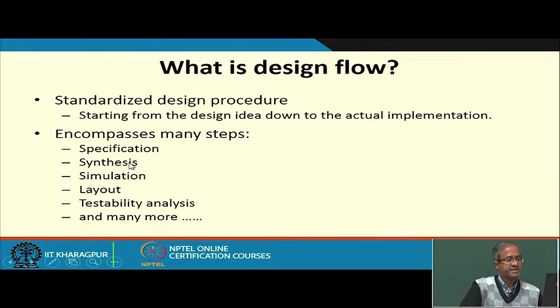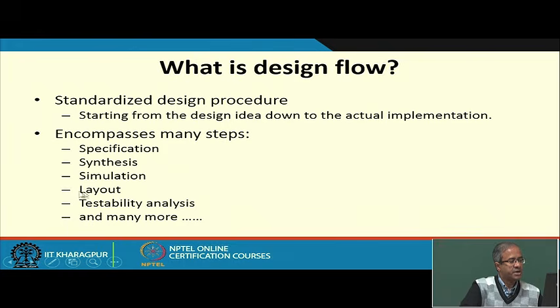Again, the synthesis may not be in a single step, there can be multiple levels of synthesis, as we will see a little later. Then in order to verify whether the synthesis process is correct, we usually use simulation to verify that the circuit netlist that we have obtained behaves in the same way as per the original specification.